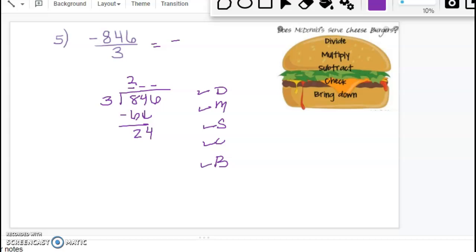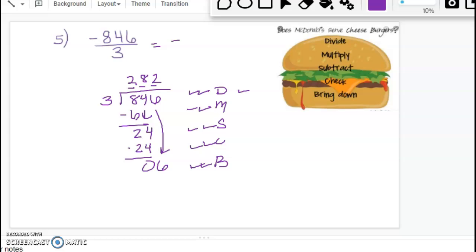Got to keep going. 3 goes into 24 8 times. Multiply. 8 times 3, 24. Subtract 0. Check. 0 is less than 3. And I still have something to bring down, this 6. I have to keep going because I still have an empty space here. 3 goes into 6 twice.